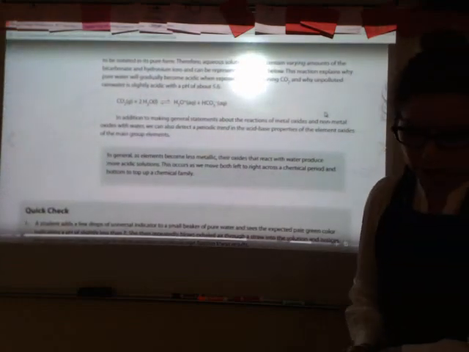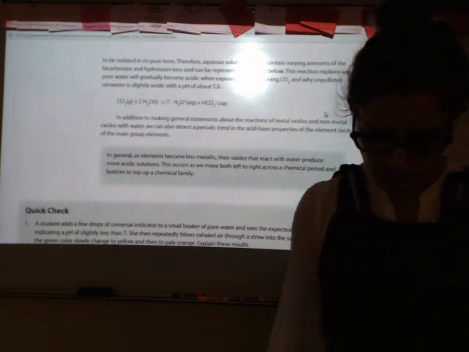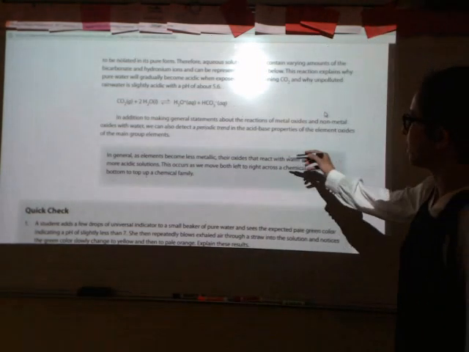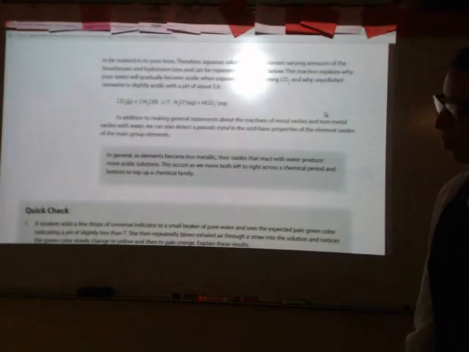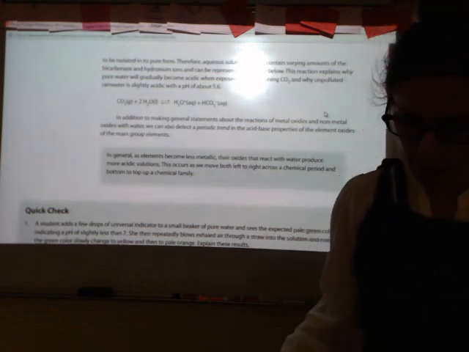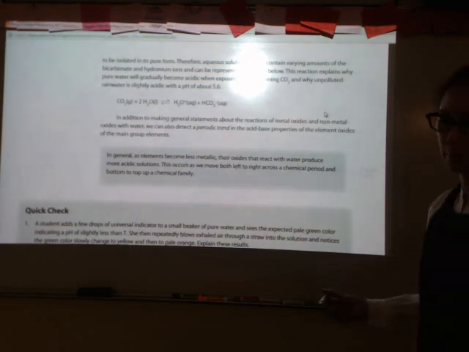If you've got a solution with carbon dioxide in different quantities, you're going to end up getting a bicarbonate ion and a hydronium ion, so you will end up getting a slightly acidic solution, and this is why pure water gradually becomes acidic when it's exposed to air. The carbon dioxide reacts with the water, you get hydronium ions, and it becomes slightly acidic with about a pH of 5.6.